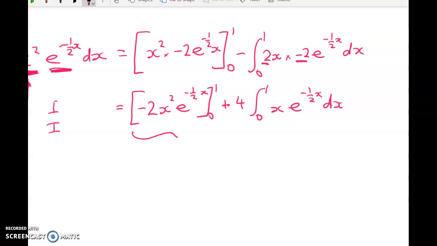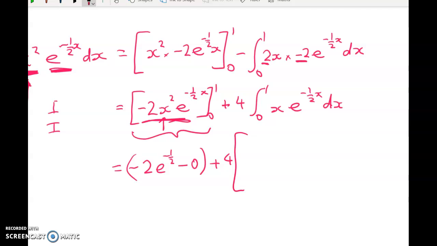Right, let's evaluate this now. Simplify that a little bit. So we've got negative 2x squared, which is 1 times e to the negative a half, minus, and in here, because of the x squared, I've got 0, plus 4, and we do it all again. So we're going to leave this, integrate this, diff this, integrate this.